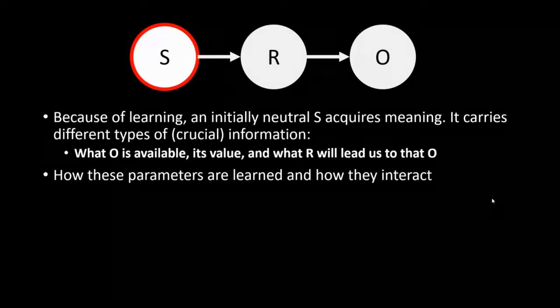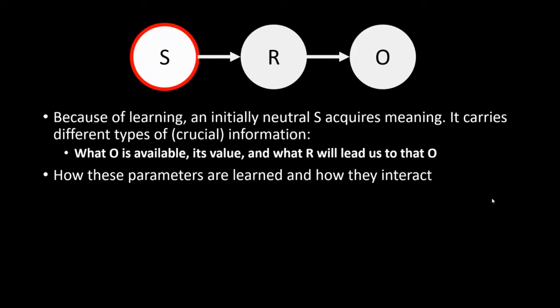So there are at least two very important types of information that we can add to the processing of the stimulus, or we can activate from the processing of the stimulus. One is what outcome is available given that stimulus, and obviously what is the value of that outcome for us.